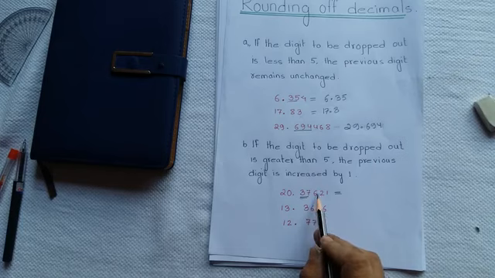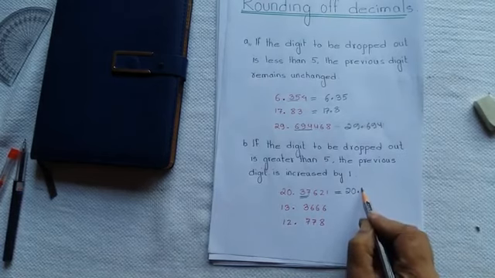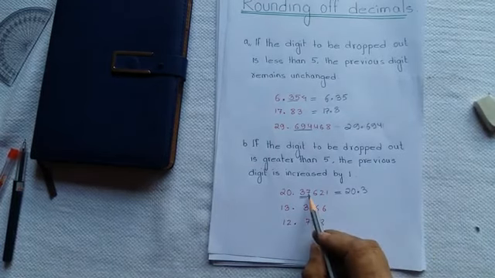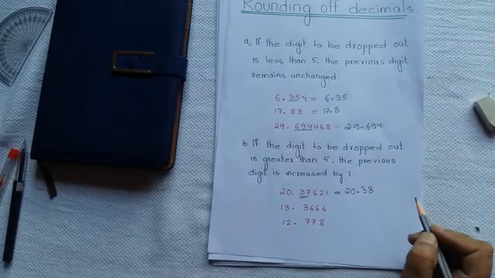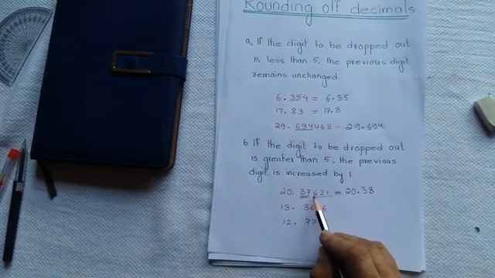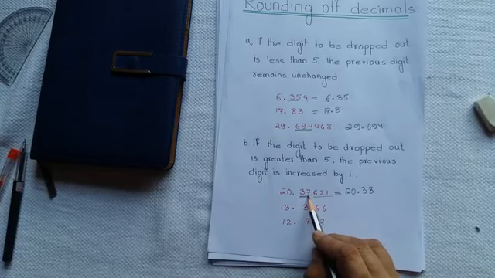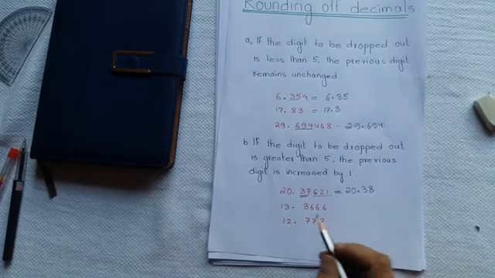If it's greater than 5, we just increase the previous digit by 1. That is to say 2.13. We increase 7 by 1 and it becomes 8, and we drop out the last digit. Because here the number that was dropped out, which is 6, close to the previous digit, is greater than 5, so we added 1 to the previous digit.